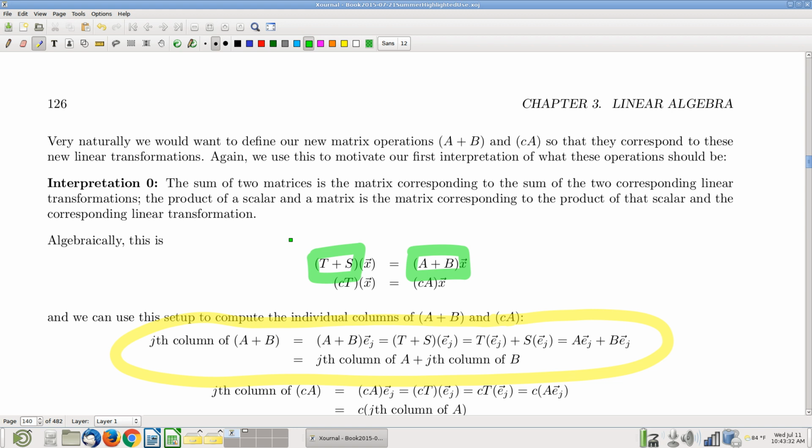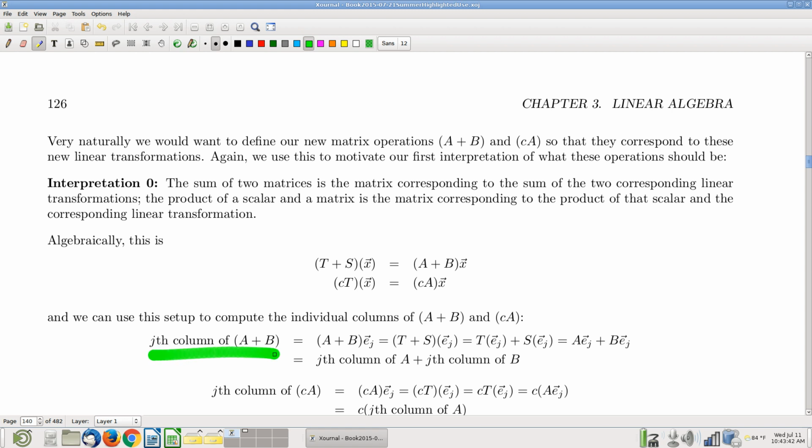T is a function, S is a function. Okay. And then if you just take that as the given, and if you compute one column at a time, don't forget the columns are the images of the standard basis vectors. The columns of the matrix are the images of the standard basis vectors of the linear transformation. That's the definition of a matrix.